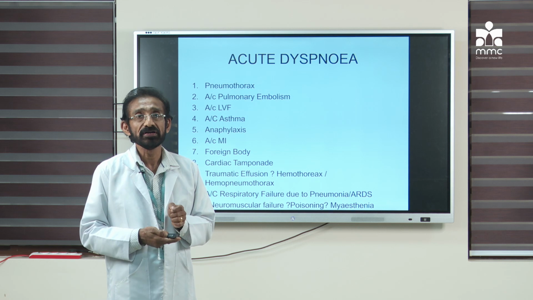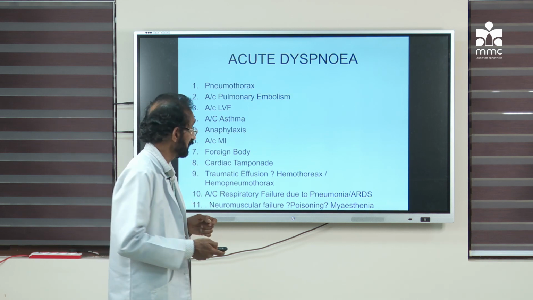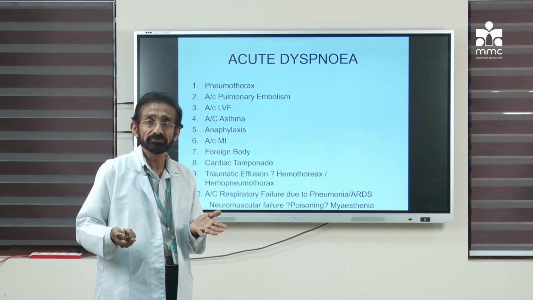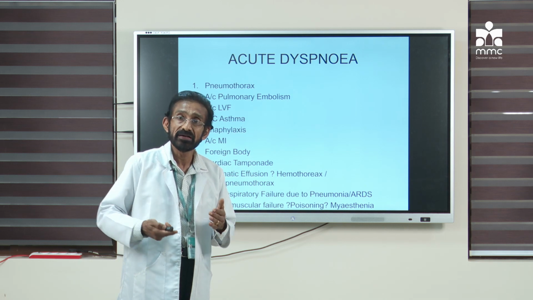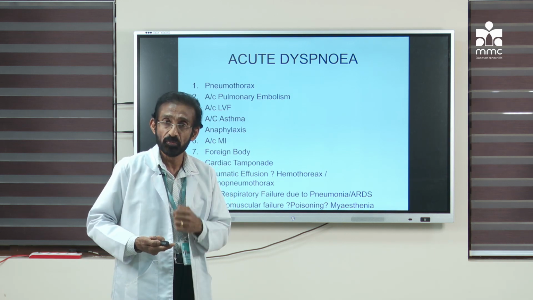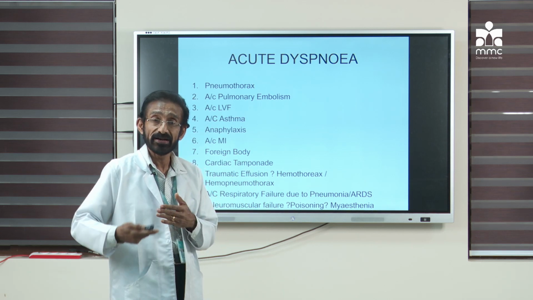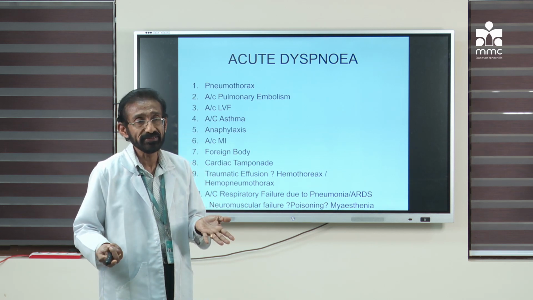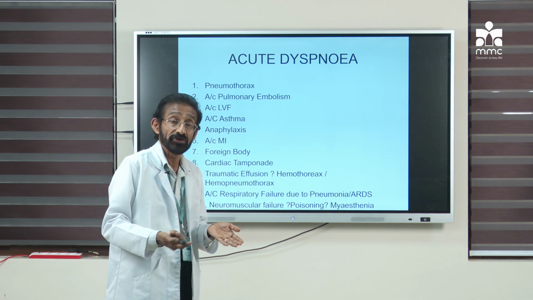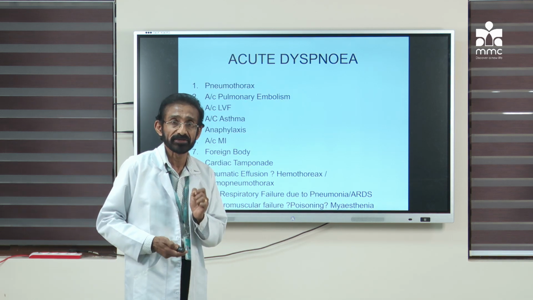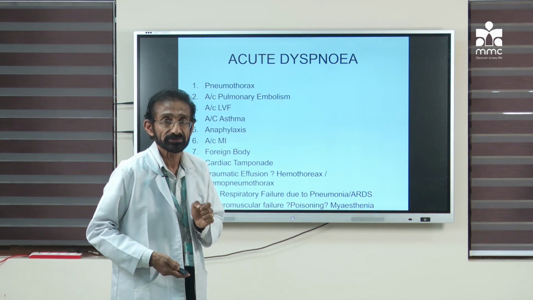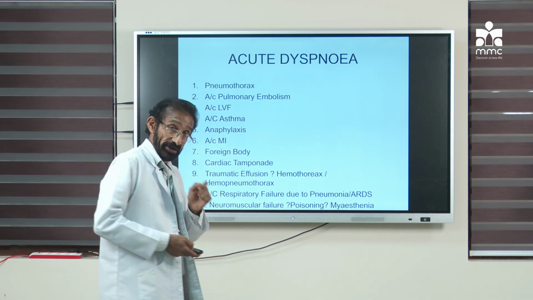And if you miss pneumothorax, you are going to miss the whole thing. So remember, in pneumothorax the patient becomes absolutely breathless, air entry is reduced, and the chest movements are reduced on that particular side. There will be hyperresonance and absence of breath sounds on one side, and you diagnose that with an X-ray. If you have any doubt, you have to mandatorily go in for a CT thorax to rule out a pneumothorax.